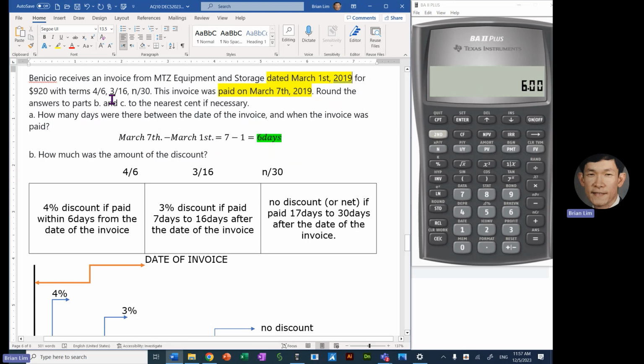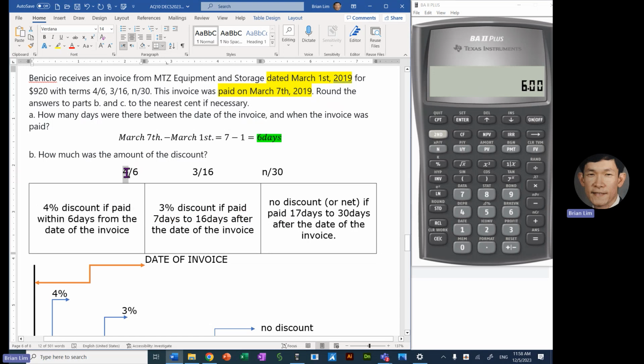Now, what about discounts? This is what terms relate to. 4/6 here means that if the invoice is paid within 6 days, meaning from the 1st to the 7th, that is 6 days, then there is a 4% discount from the date of the invoice.